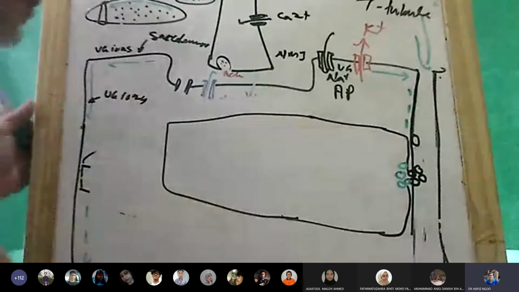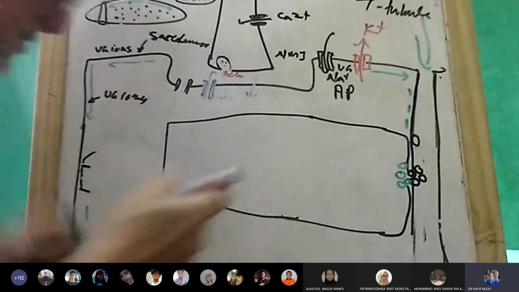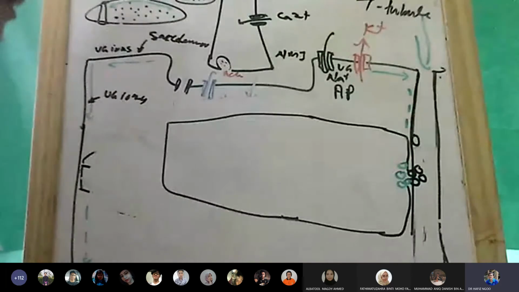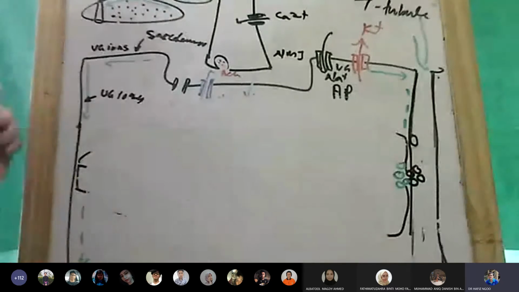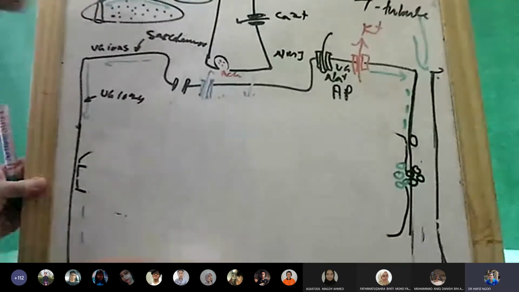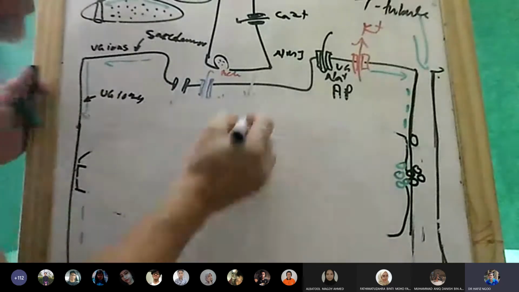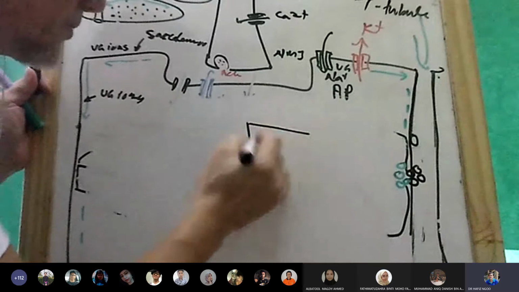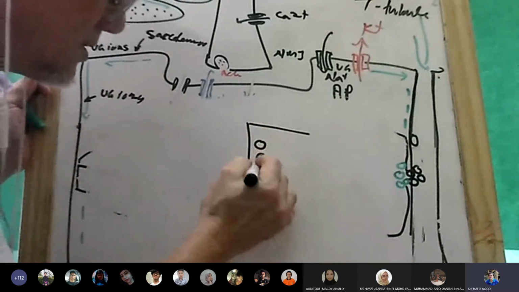If I have to draw this, to enlarge that, assuming the T tubule is coming down this way, it's quite difficult for me to draw.